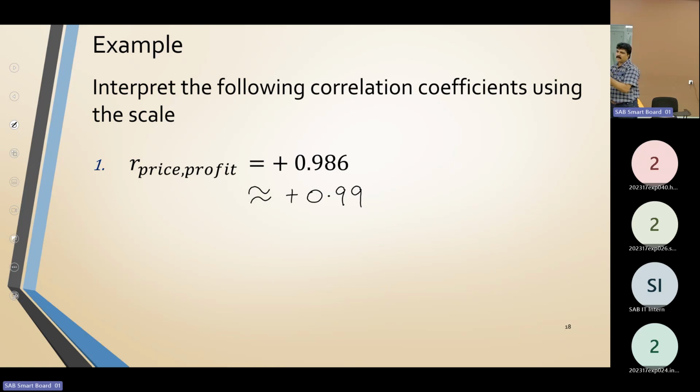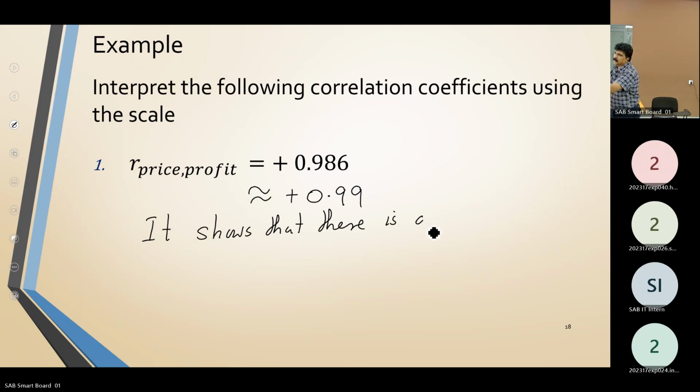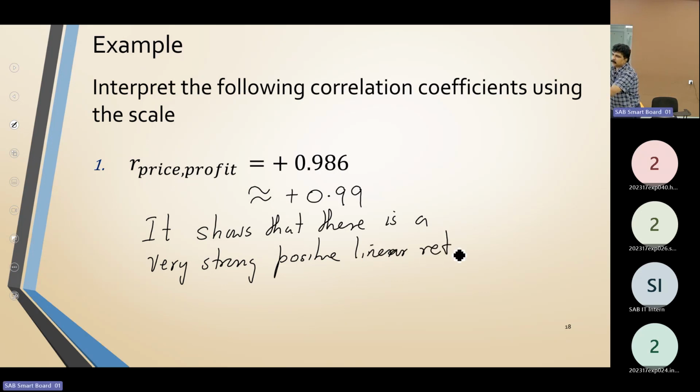So how do we write? It shows that there is a very strong positive linear relationship between the two variables given, price and profit.